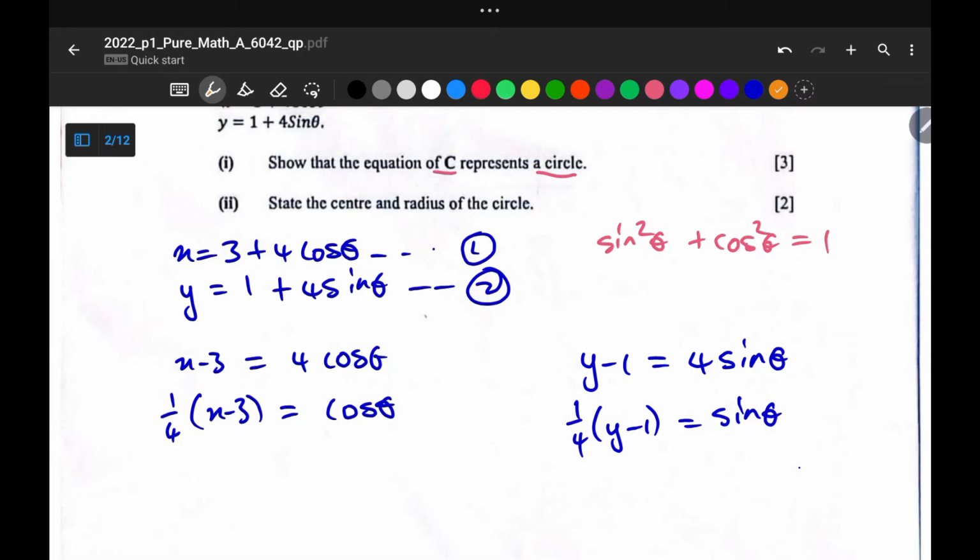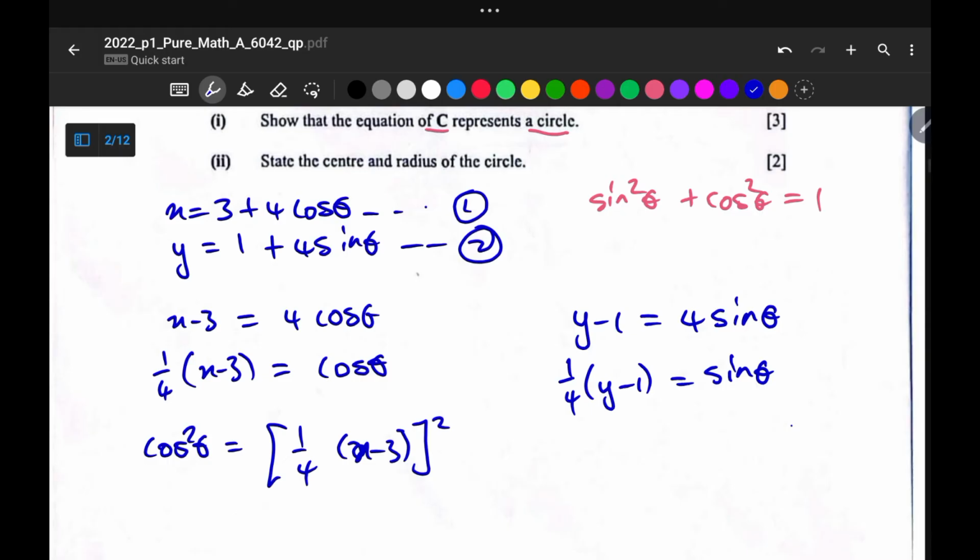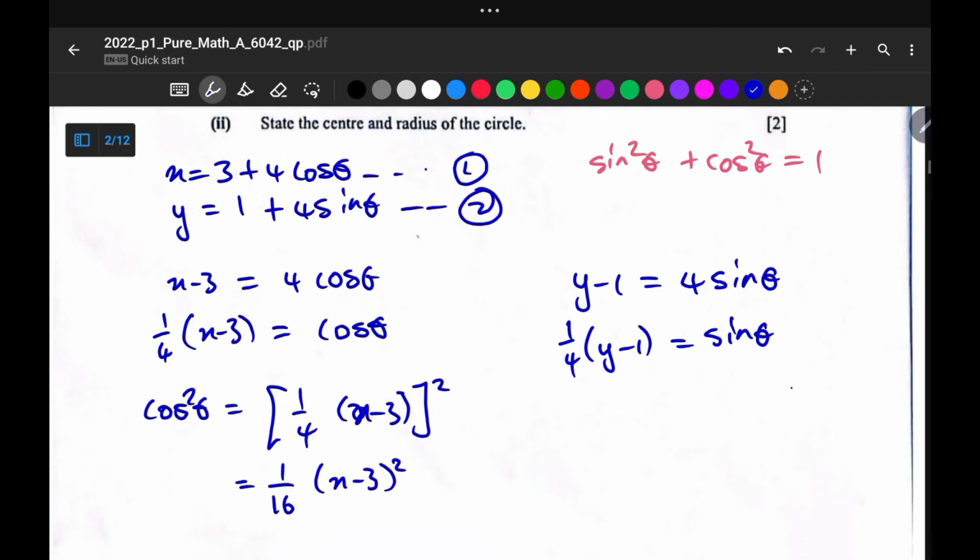If we square both sides, we are going to get cosine squared theta equal to 1 over 4 times (x minus 3), all squared. If we square 1 over 4, it gives us 1 over 16 times (x minus 3) squared, and this is equal to cosine squared theta. Okay, and let us square the second equation.